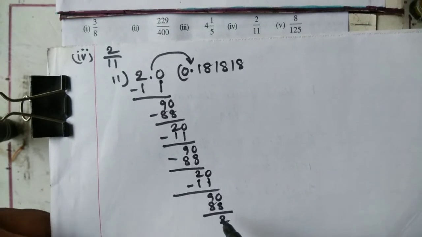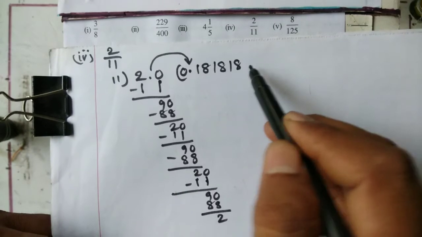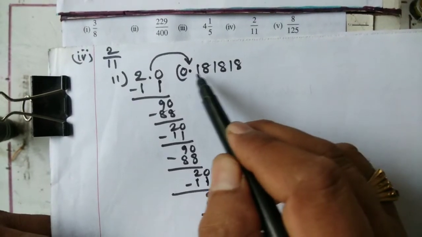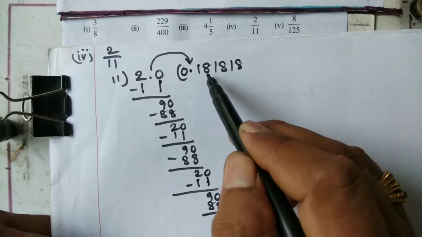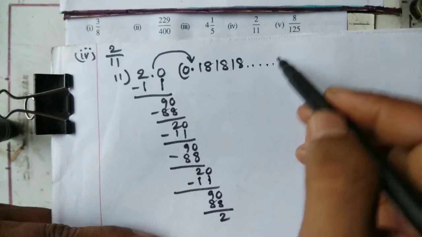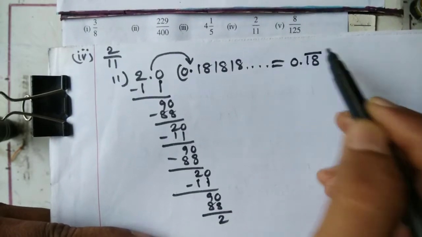So that's why it is not terminating. If we observe this quotient, 0 1 8 1 8 1 8, 18 is repeating. That's why we can write like this, 0.18 bar.